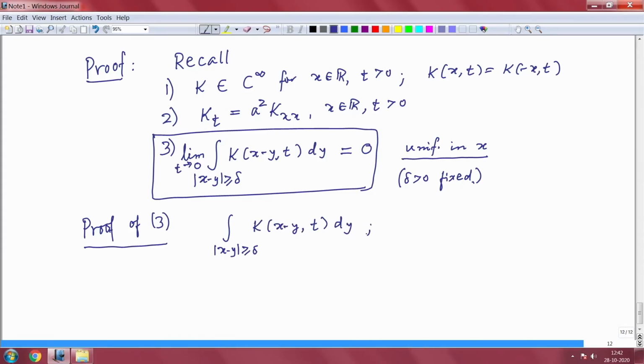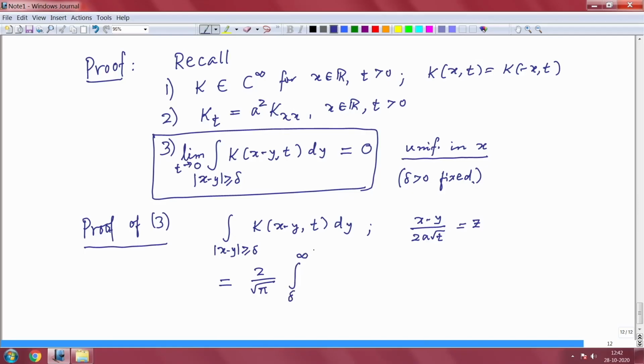So, make the substitution (x minus y) by 2a root t equal to z, and then this integral is changed to 2 by root pi, integral from delta to infinity.